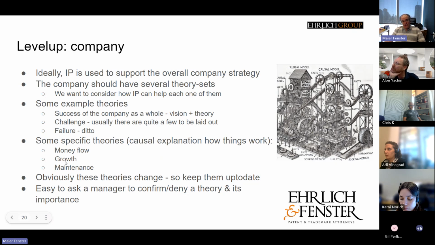A different theory about how the company will grow. And yet another theory about how the company will stay alive when competitors arrive. Okay, so it's like three different theories that the company at the company level has to have. And each one of these theories is causal and probably can be drawn using a causal loop diagram. And for each one of them, I ask, where can I apply IP and can IP help it happen?